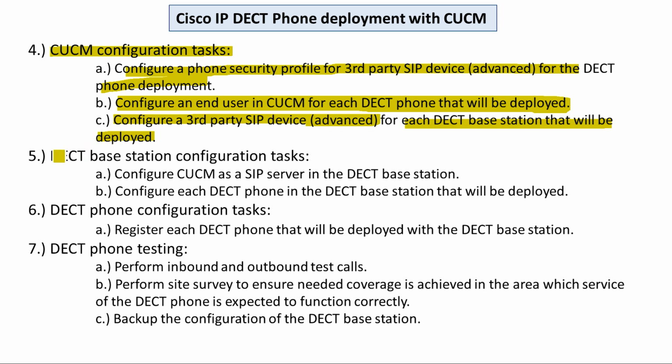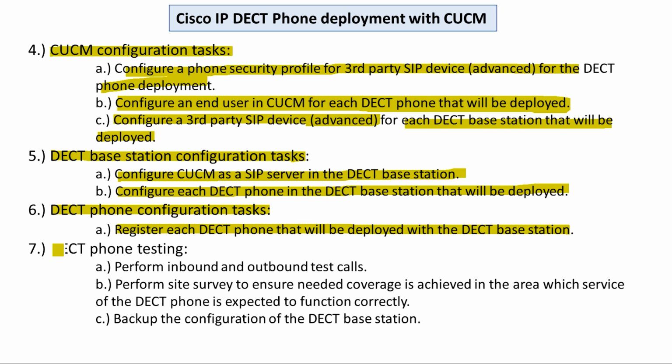Step number 5, DECT base station configuration tasks. We're going to configure CUCM as a SIP server in a DECT base station. We're going to configure each DECT phone in a DECT base station that will be deployed. On the DECT phone itself, configuration tasks, we're going to register each DECT phone that will be deployed with the DECT base station.